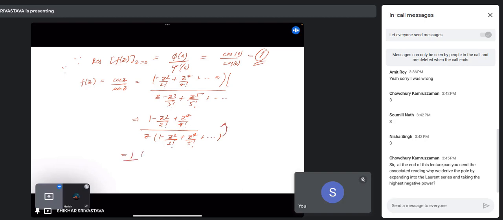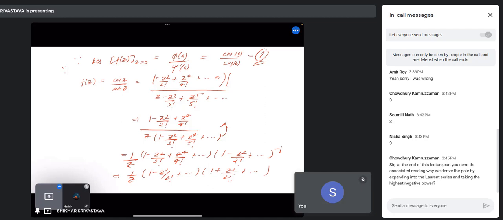So you will have 1 upon z, times 1 minus z square by 2 factorial plus z to the power 4 upon 4 factorial, times 1 minus z square by 2 factorial plus higher terms, to the power minus 1. Now with binomial expansion, retaining only the first term is enough: 1 plus z square by 2.